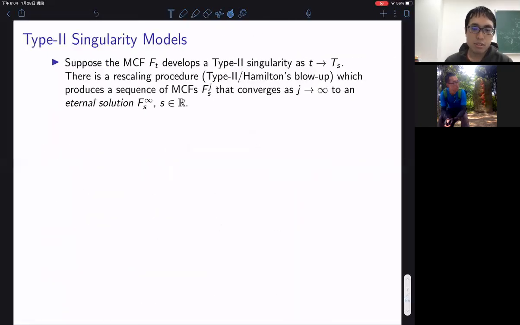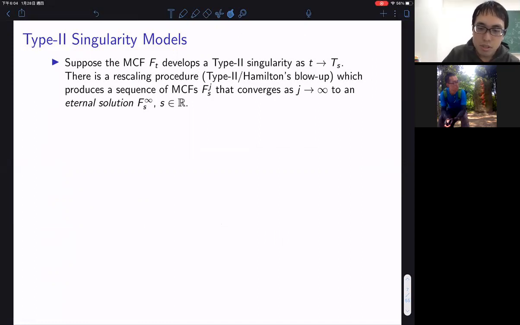However, there's still some way to study the structure of a type 2 singularity. So let's assume there's a type 2 singularity that happened at time Ts.